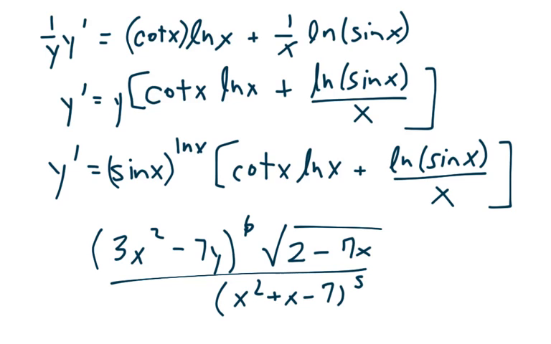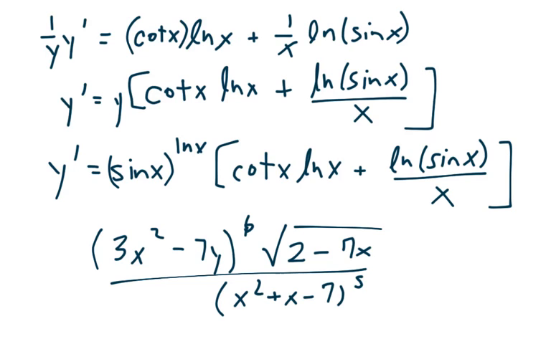Something that would just be monstrous if you were trying to use the product rule and the quotient rule. If you use logarithmic differentiation on something like this, you're going to be able to separate a lot of the terms and make your differentiation process a lot easier.